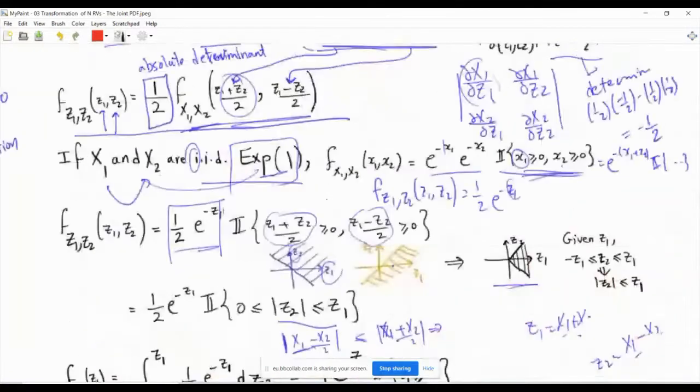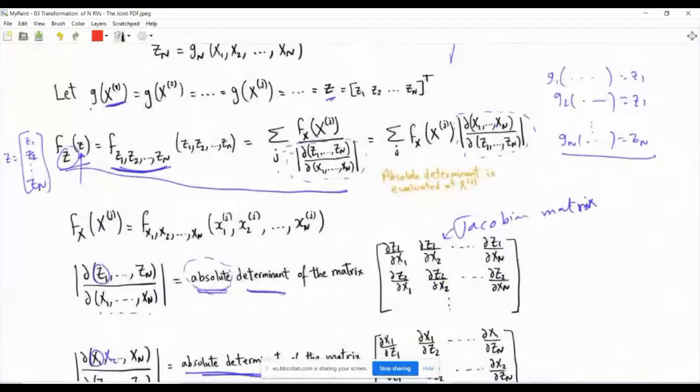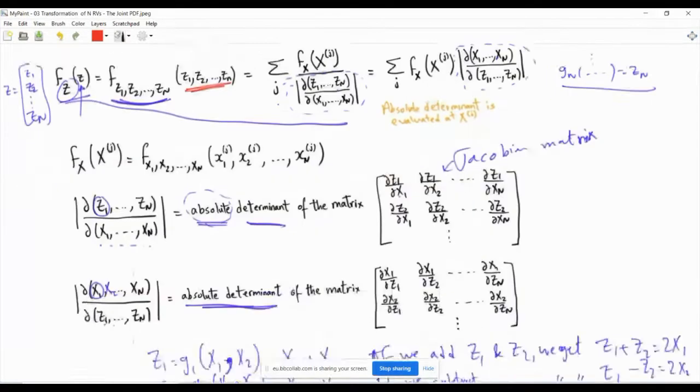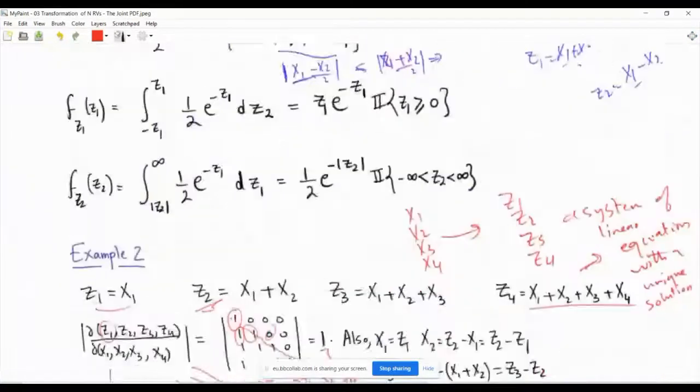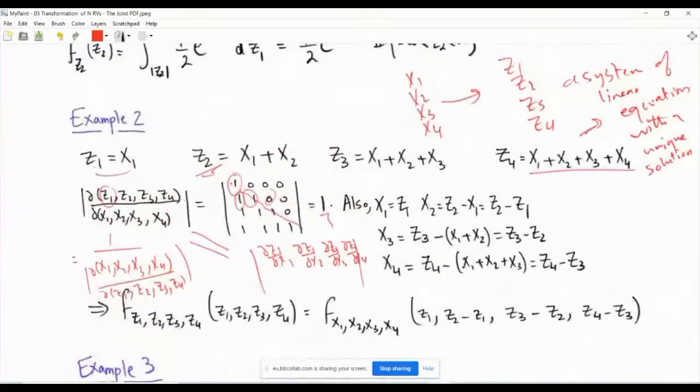And then you need basically the PDF. You need to take the PDF with the x's replaced, written in terms of the z's, because we want the function of those z's. So by the end of the day, we need to express the x's in terms of the z's. And so here, z1 is x1, so x1 is z1.